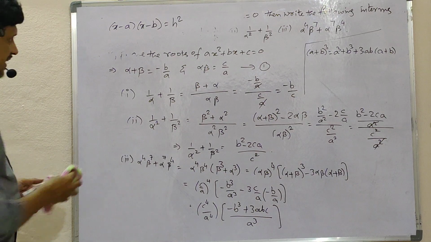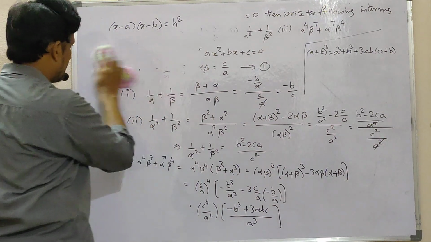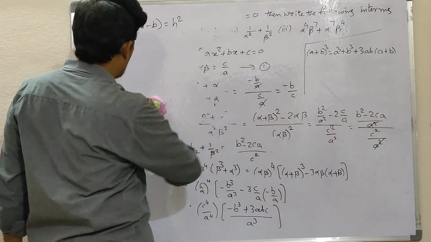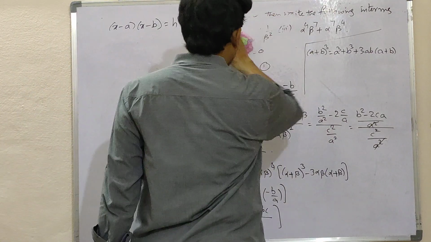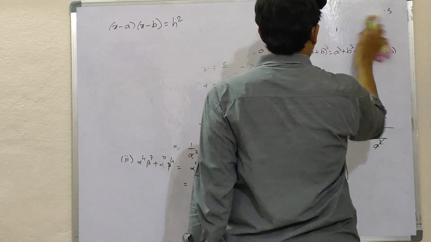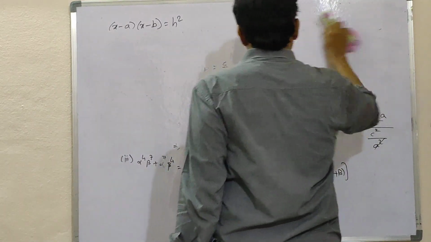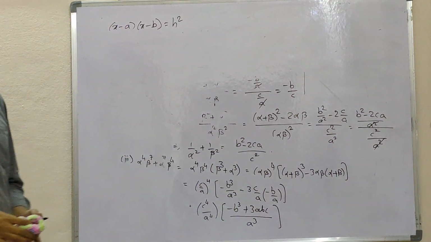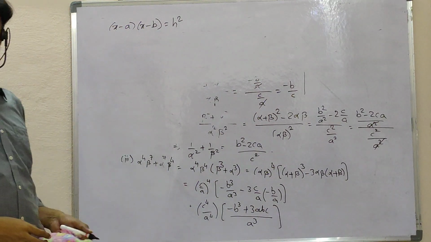So here the next one is a quadratic equation given here like this: x minus a into x minus b is equal to h square. Observe the given equation.